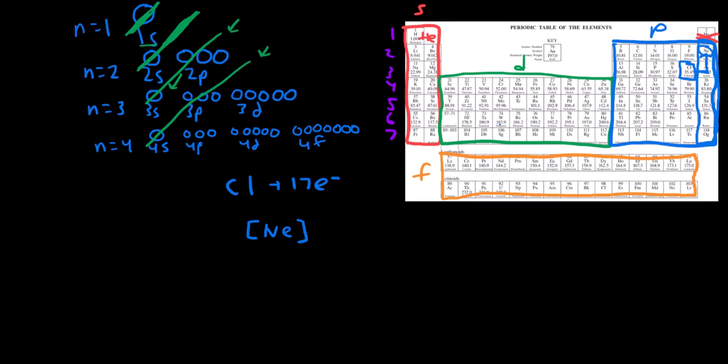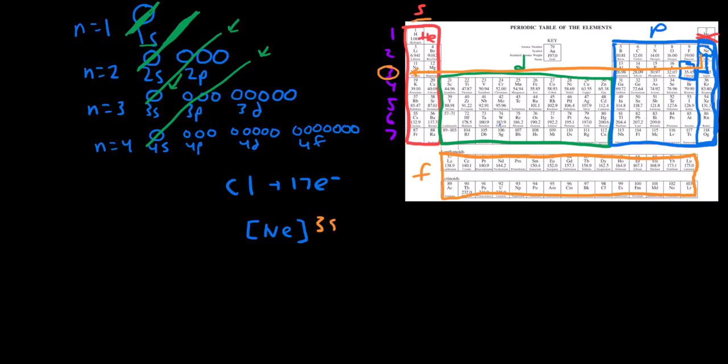And then we're going to go back down. We're going to go across. And we're going to see that there is a 3. So we're going to write 3. And it's also right next to this S section.